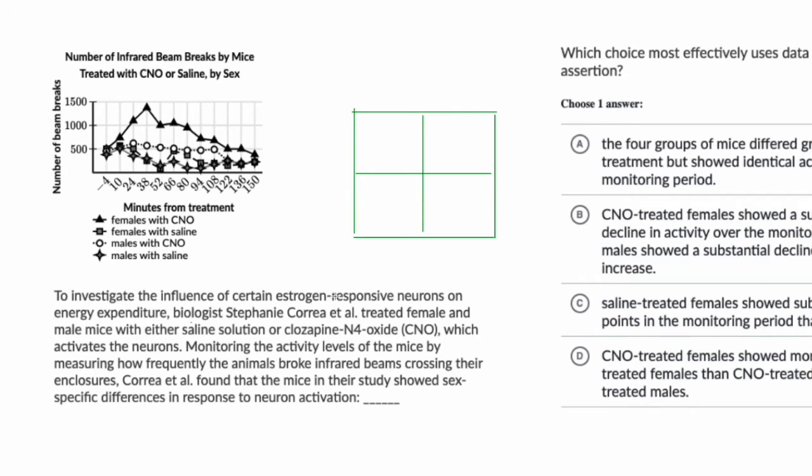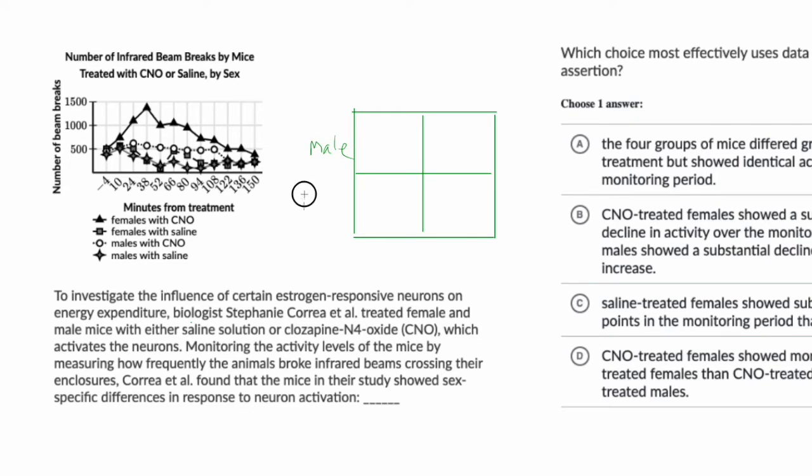As it says here, they were looking to investigate the influence of estrogen responsive neurons, something that activates the neurons. So if they're treating them with either saline or this compound, saline is basically like our placebo. That's going to be the control group, essentially.